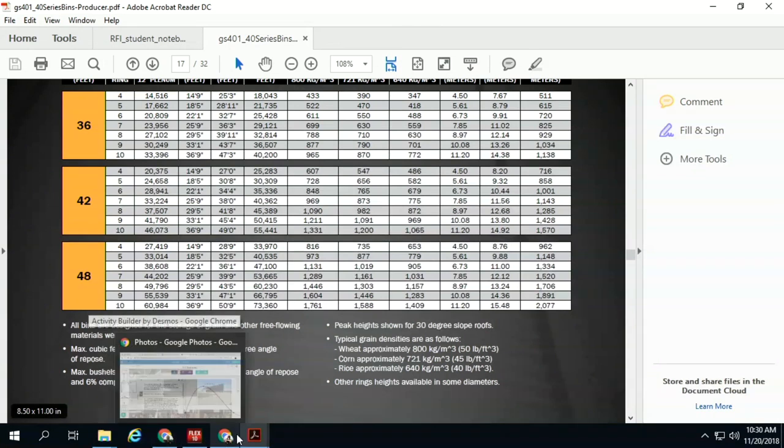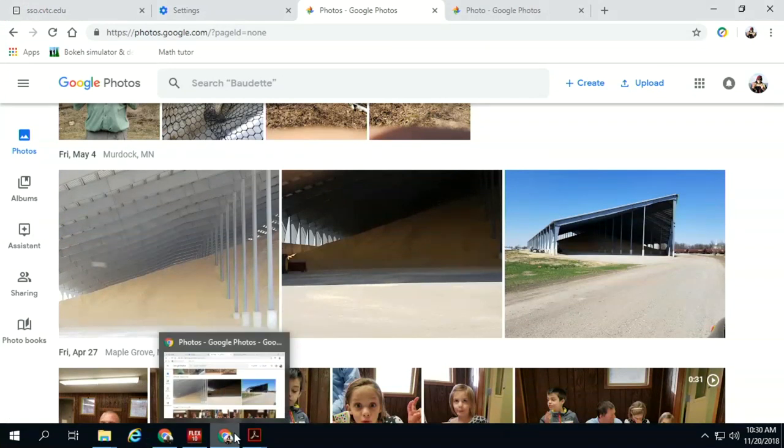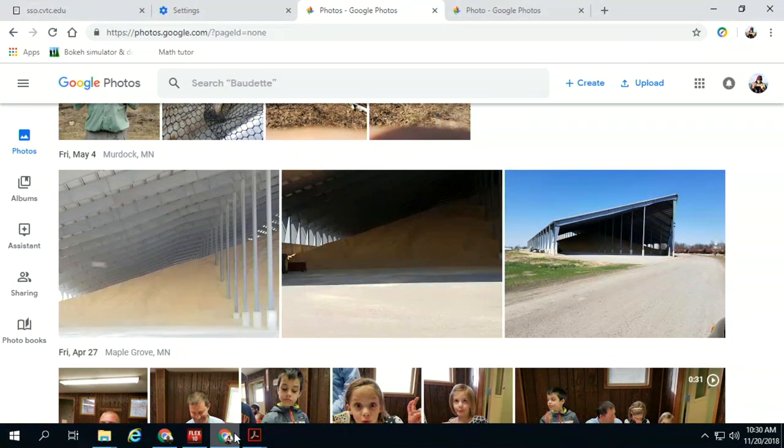I'll show you another picture. So I was driving through western Minnesota, and I came upon this outdoor storage facility. Why? Because there was way too much grain to fit into their grain bins. Do you notice in this picture over here on the right, the angle of the roof compared to the angle of the soybeans inside? Do you see how the angle of the roof matches the angle of the soybeans inside?